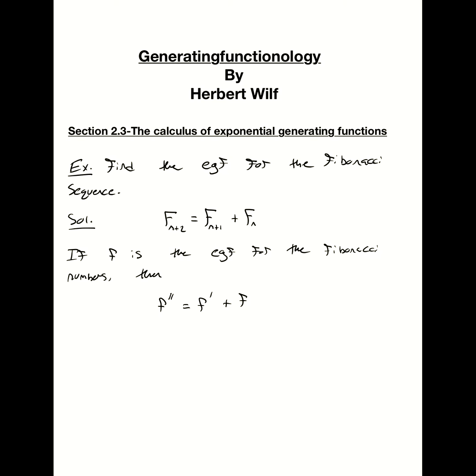And so now we actually turned this recurrence relation into a differential equation. And that's really cool because we have a lot of tools to help us with differential equations.